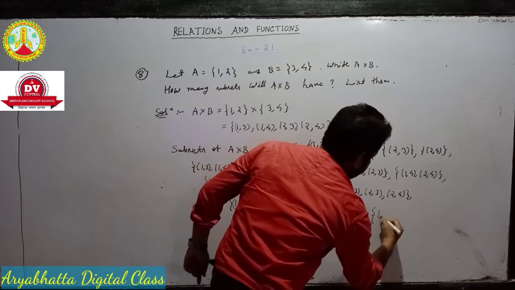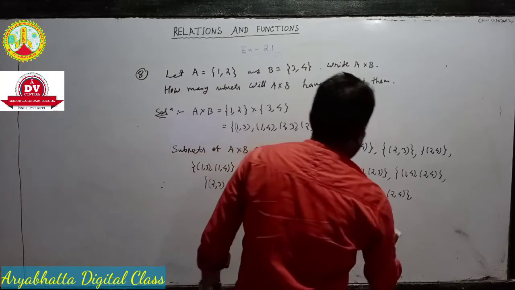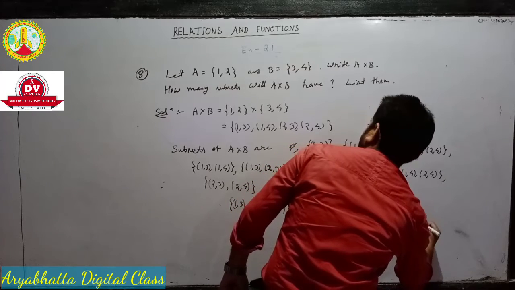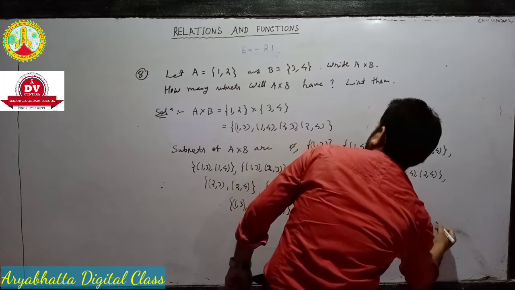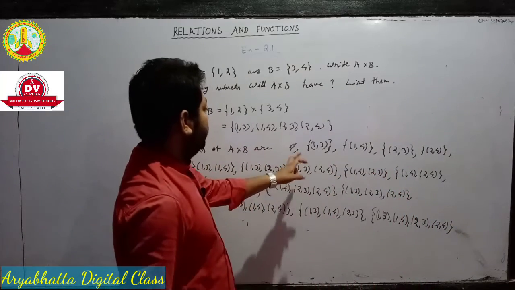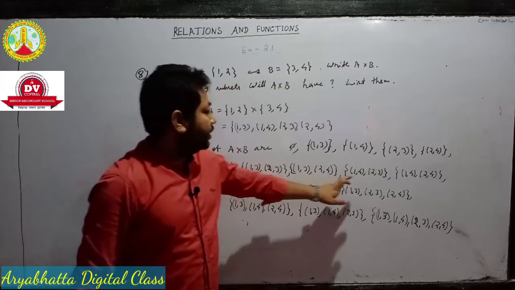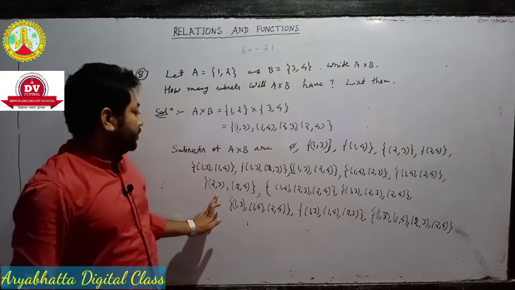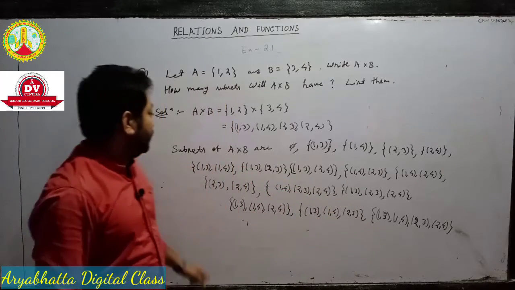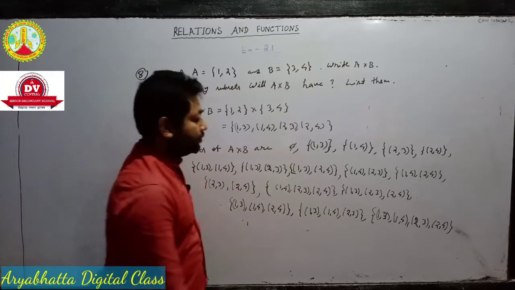Next, the last element is the full set {1, 3, 1, 4, 2, 3, 2, 4}. That makes 16 subsets. Therefore, these are all the subsets of A × B.